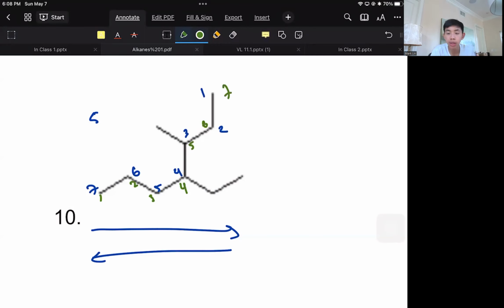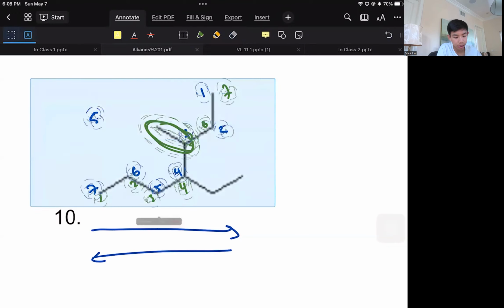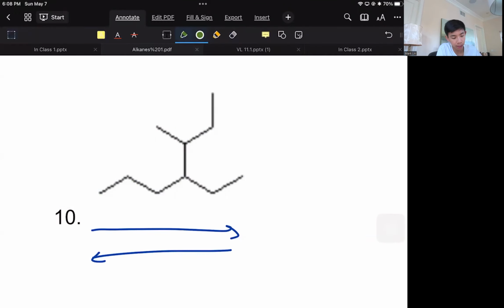We see that our most complicated, which is methyl right here, comes at number 4 both ways. But this ethyl, our second most complicated one, comes at number 3 from right to left, compared to number 7 or number 6 from left to right. And so we want to go right to left because that's going to be number 3. So this was a heptane.